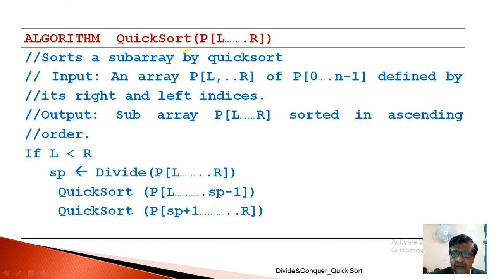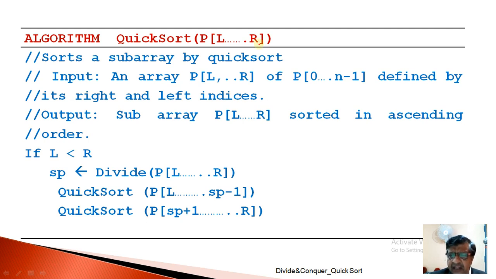Algorithm quicksort. The name of the array is P, and we never start from 0 to n minus 1, because the left extremity and right extremity keep changing depending on the position of the unsorted subarray. Therefore, this is commonly named as L and R. L is the left extremity and R is the right extremity of the subarray.